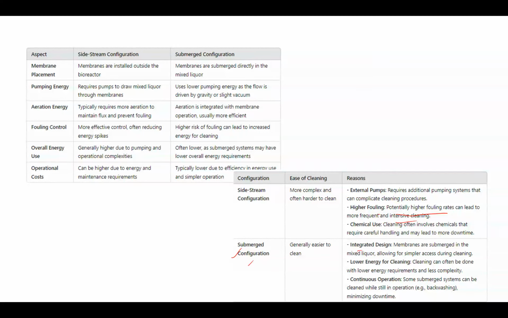But here, as I told you, the fouling rate is higher in the side stream. I hope that mainly because in the side stream, it is less densely packed membrane, but in the submerged configuration, we need thicker, tight membrane.